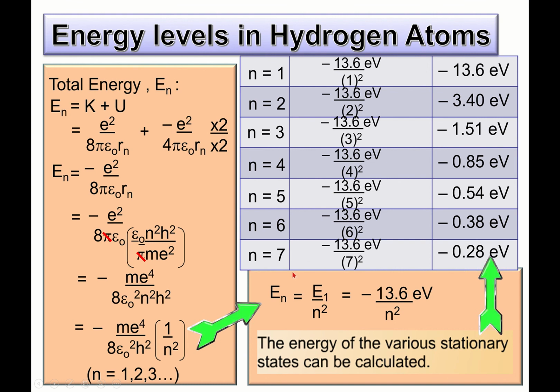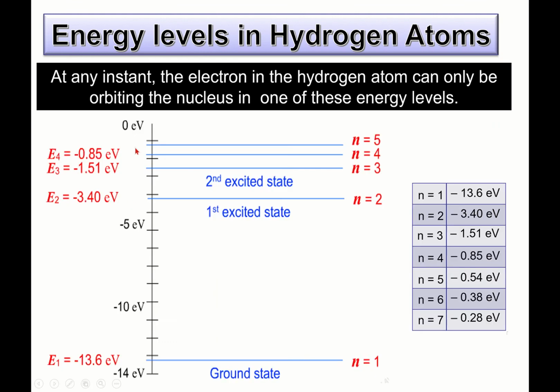Okay, now we are going to plot the energy level graph. So at any instant, the electron in the hydrogen atom can only be orbiting the nucleus in one of these energy levels. So we draw until n equals 5, because after this the energy becomes very small. The scale here is drawn by 1 unit.